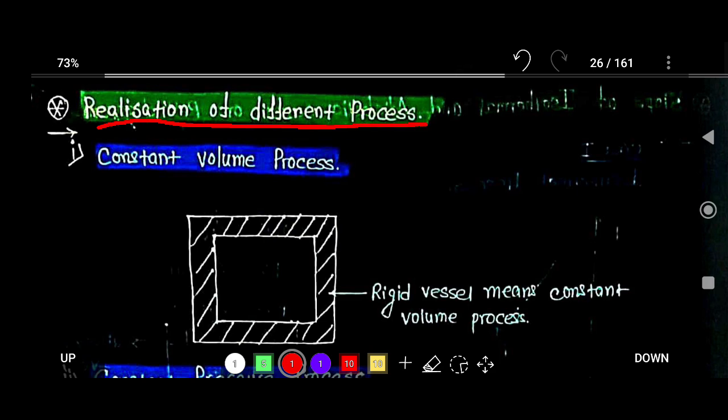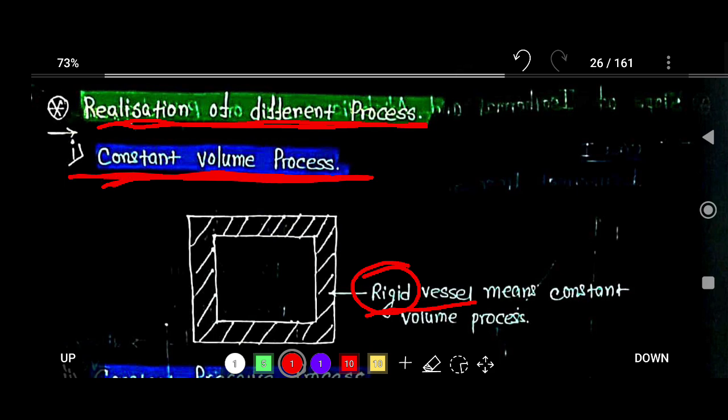Now let's try to understand the relation of the different processes. First, we will understand the constant volume process. If a rigid vessel is mentioned in any question, you must consider that this is a constant volume process.